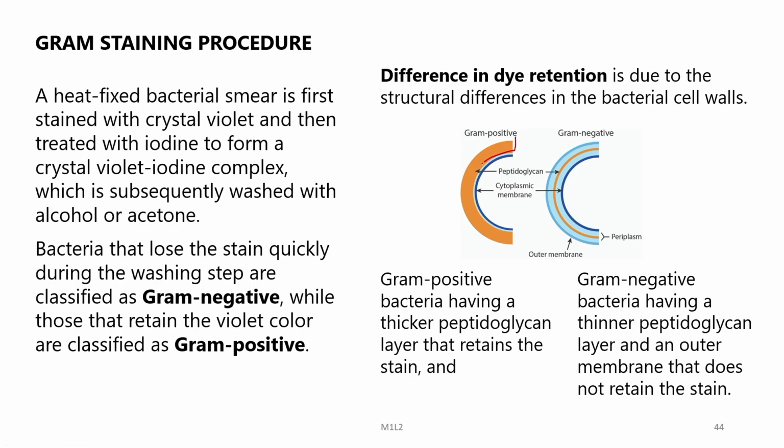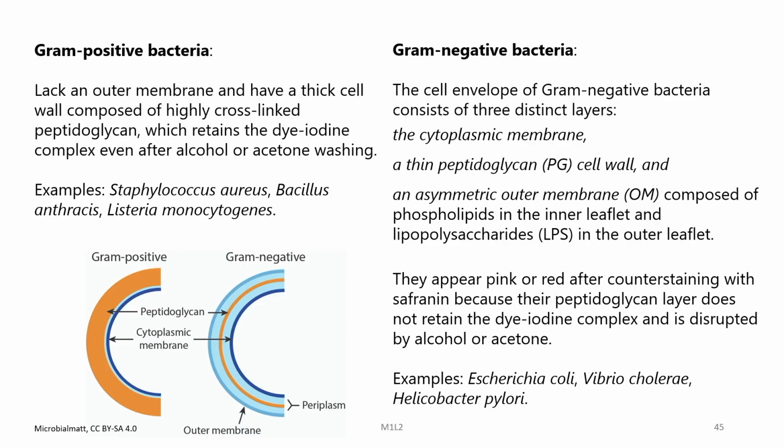You can see here the thickness of the peptidoglycan layer, which is quite big in the gram positive, while this is very small in the gram negative. Gram negative bacteria have a thinner peptidoglycan layer and an outer membrane, as you can see over here, that does not retain the stain. So it is basically the peptidoglycan layer, which is thick in the gram positive, that retains this dye.